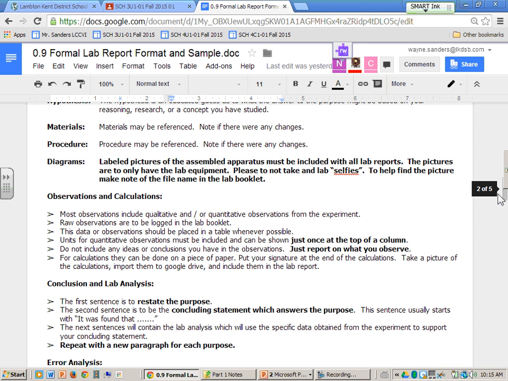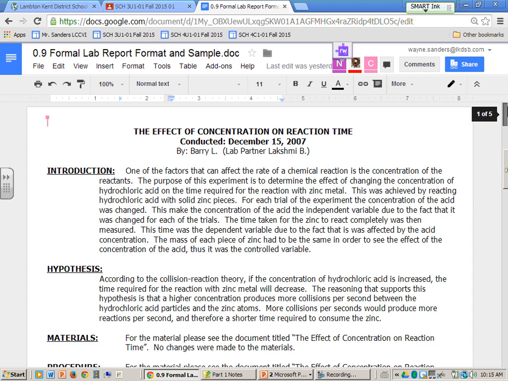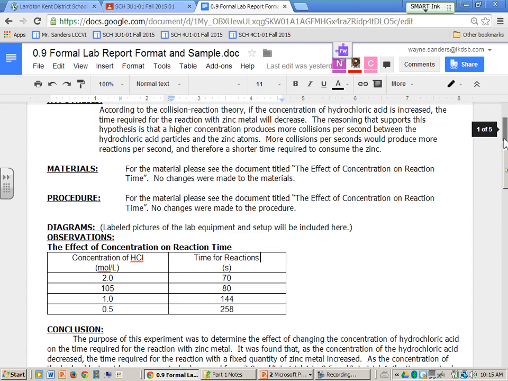If you're dealing with numbers, and this will come later on, units go at the top of the column, all right? So if I go back up to this, units only appear once at the top of a column. Here we've got reaction time for my example lab.